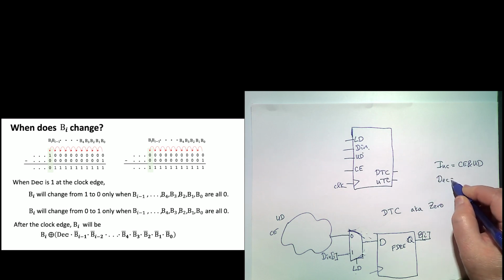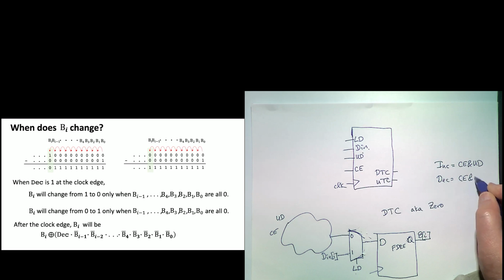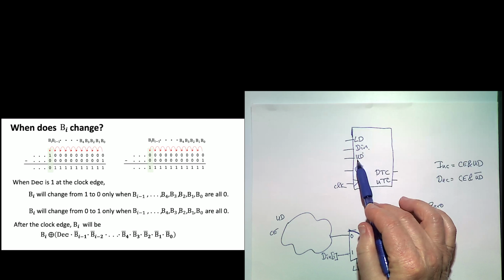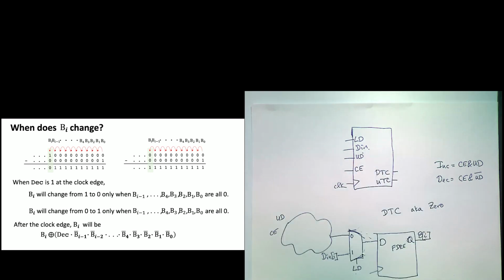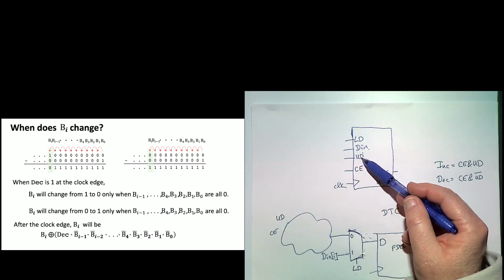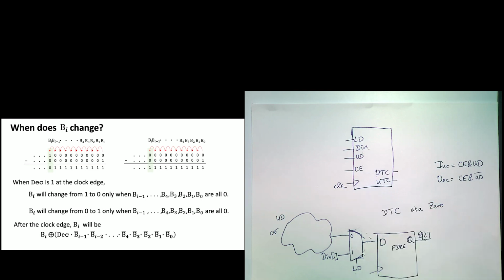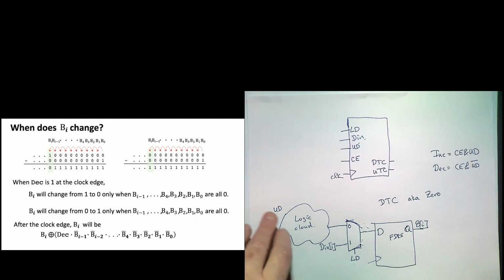And the decrement would be CE and not up-down. If this is 1 and CE is 1, then on the clock you count up. But if this is 0 and CE is 1, then on the clock you count down. So this is the logic cloud. Any questions on that?